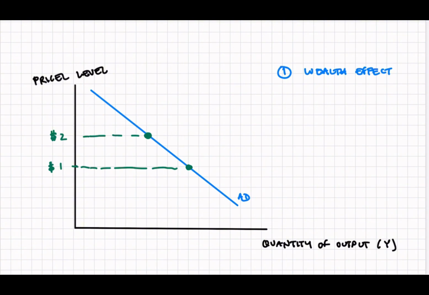And so I can purchase more. And so that would lead to a movement along the aggregate demand curve. So that's one reason why it's downward sloping.